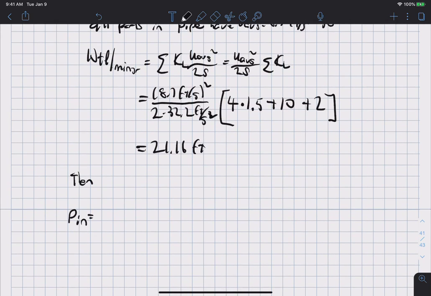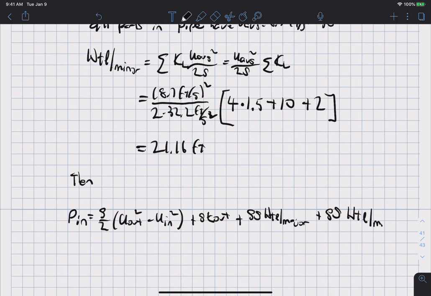So then P in equals the same formula that we've been using: rho over 2 times U out squared minus U in squared, plus G Z out, plus rho G times the major head losses, plus rho G times the minor head losses. We already computed this. This here was 1549 pound force per square foot.